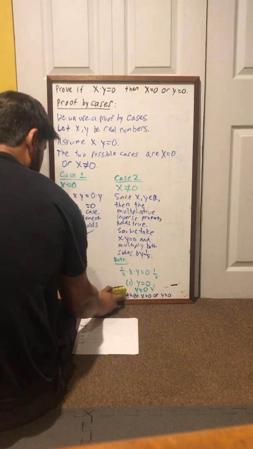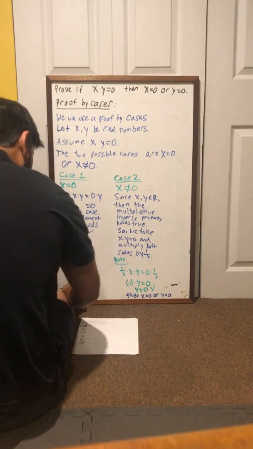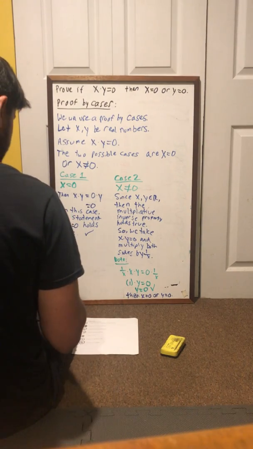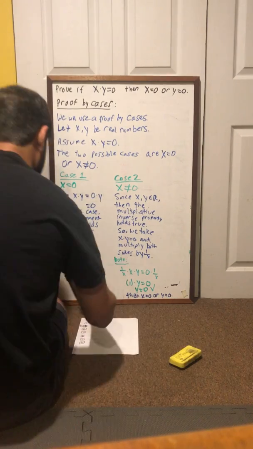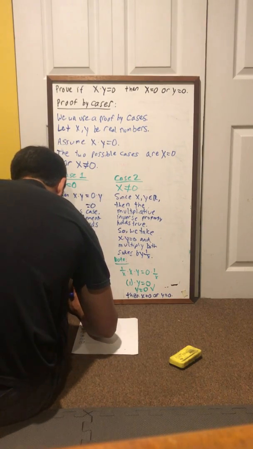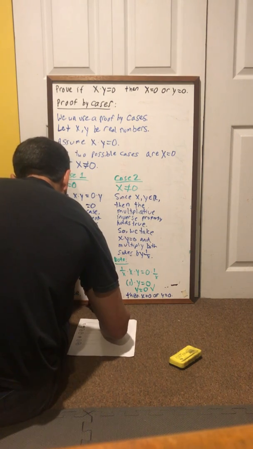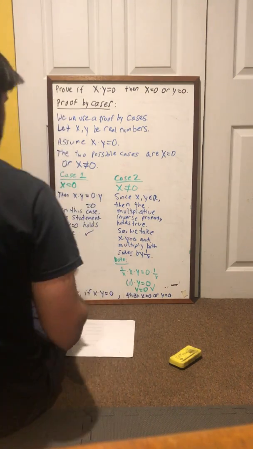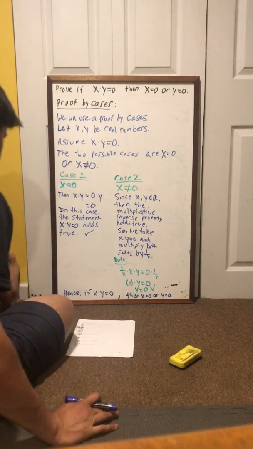Let's correct this statement down here, that doesn't sound like what we're looking for. Let's say hence, if x times y equals 0, then x equals 0 or y equals 0.